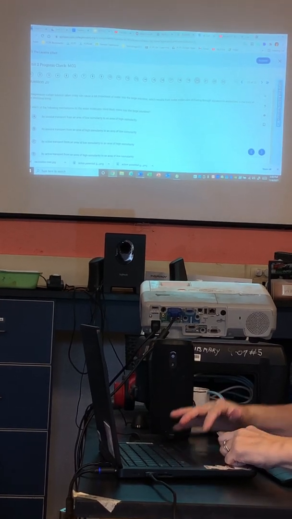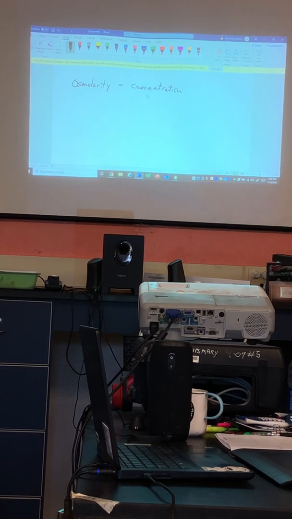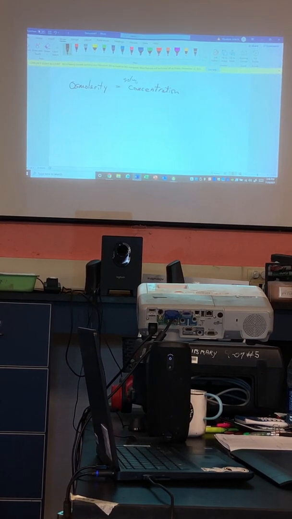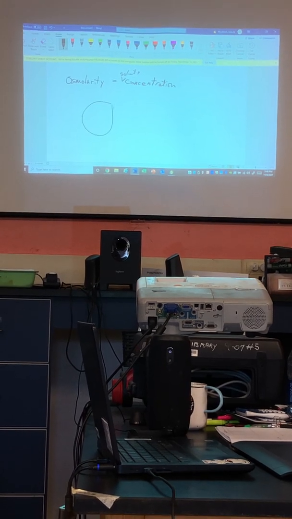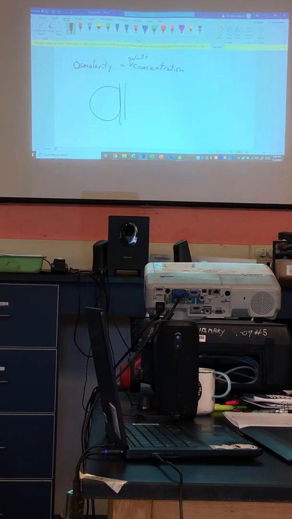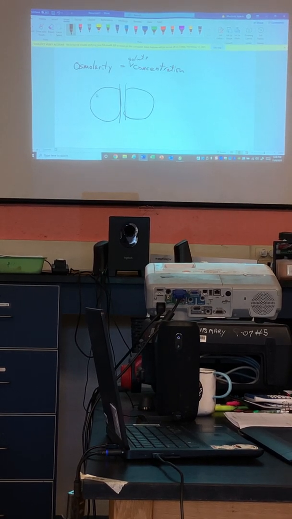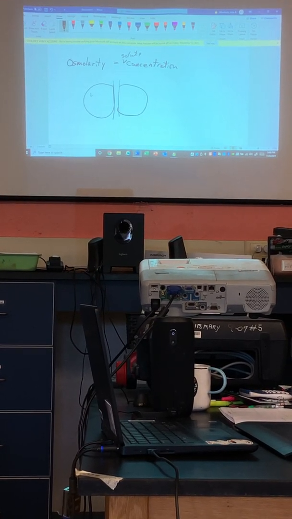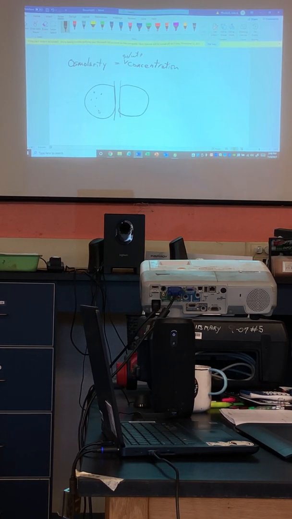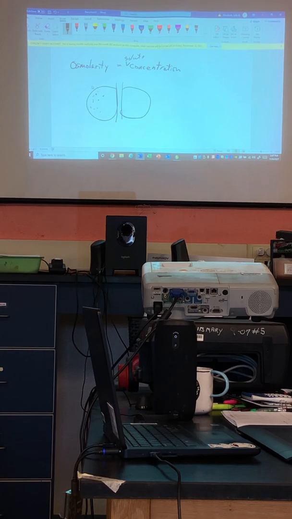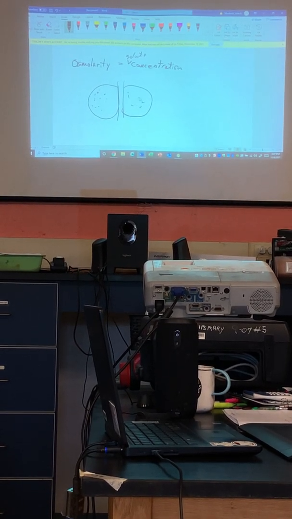Let's make sure that you understand this. Right? So high solute concentration, right? So from an area where there's a membrane here, and here's another area there, and we have from an area of low solute, right? So let's say that this is salt, there's your membrane, and there's a lot more over here.